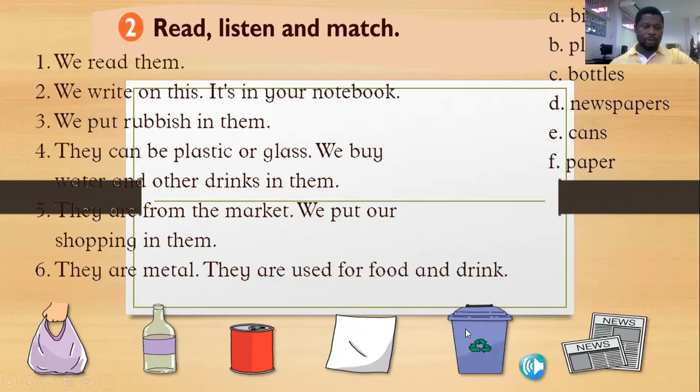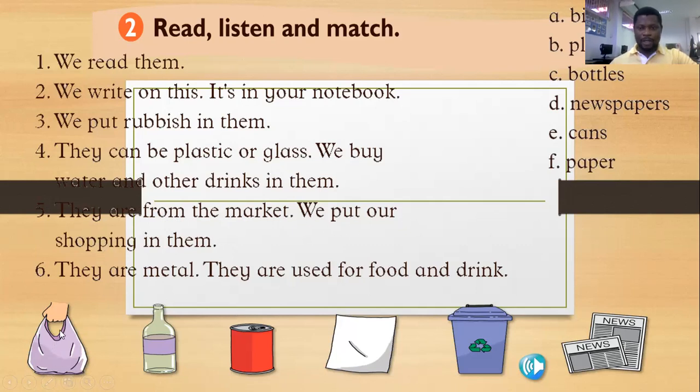Number 4, they can be plastic or glass. We buy water and drinks in them. Okay, so those are bottles. 5, they are from the market. We put our shopping in them.